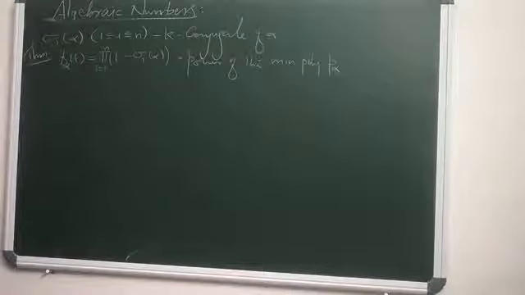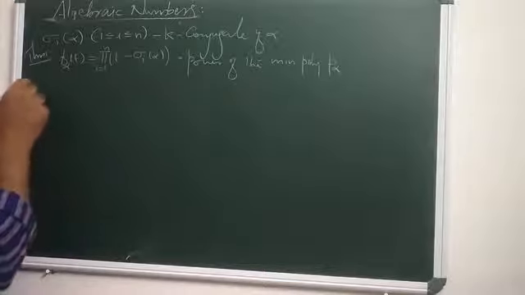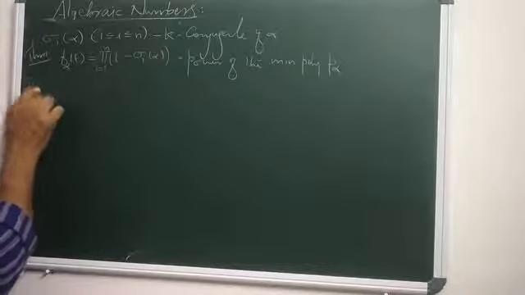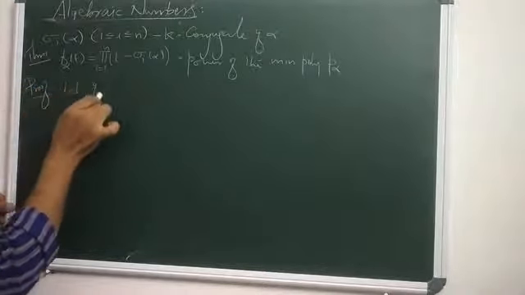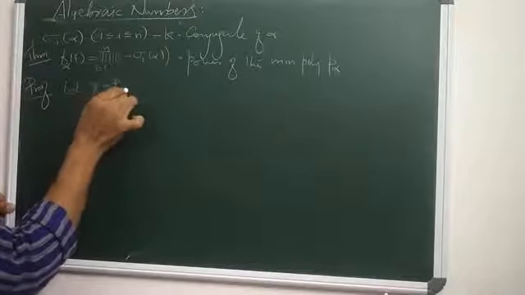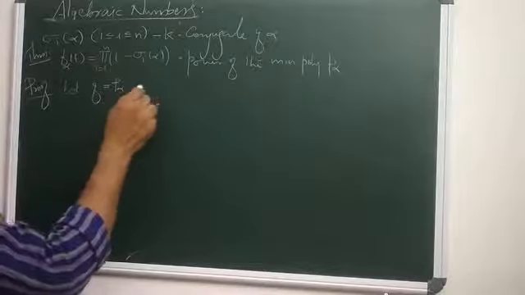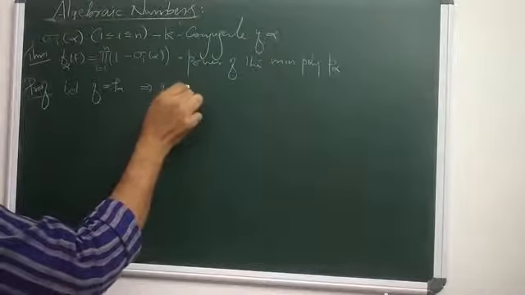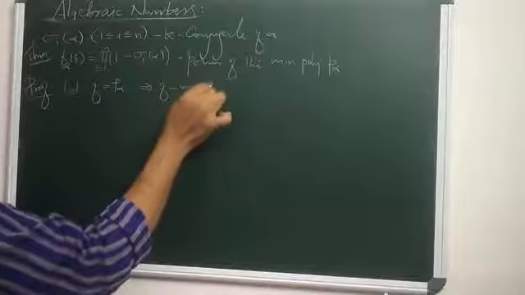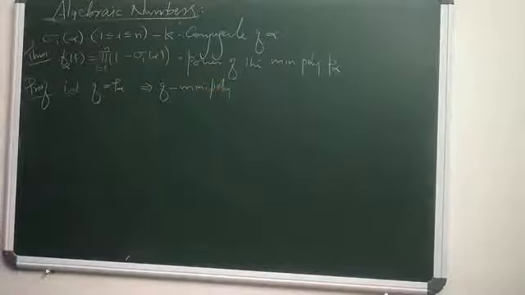How to prove this one? What is p alpha? That is the minimal polynomial. Then let q equal p alpha. So that means q is the minimal polynomial.